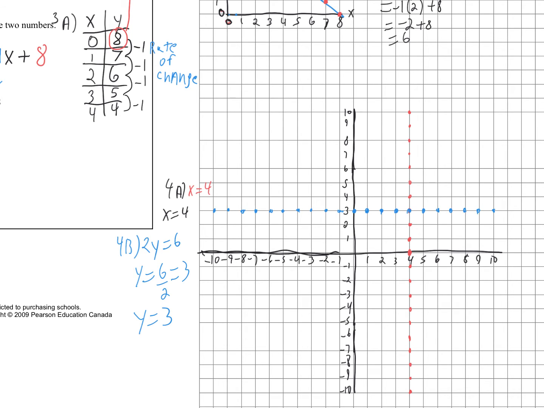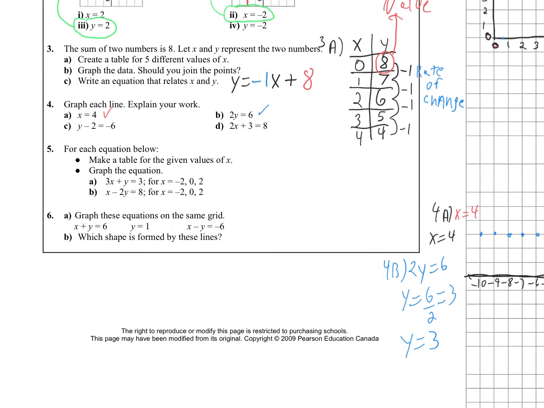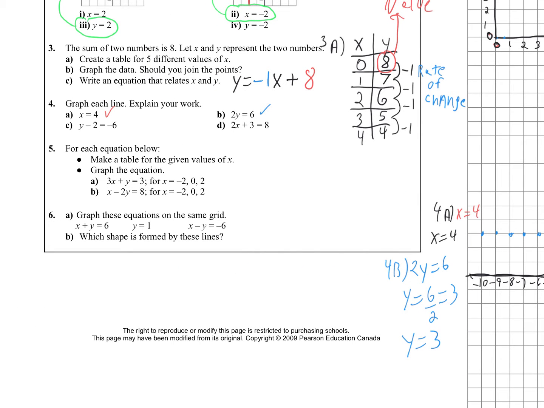So now we look at C. Now that we're looking at C, we have y take away 2 equals -6. In order for me to get rid of that -2, I have to add 2 to both sides.